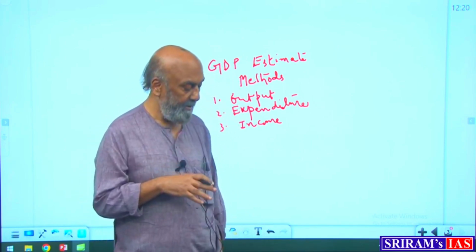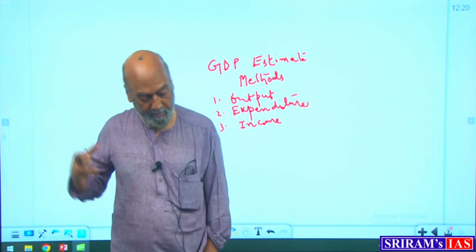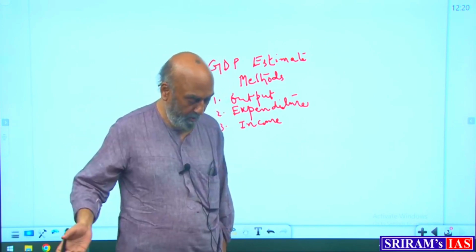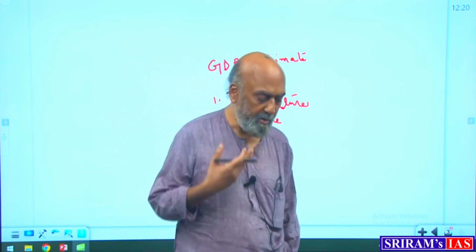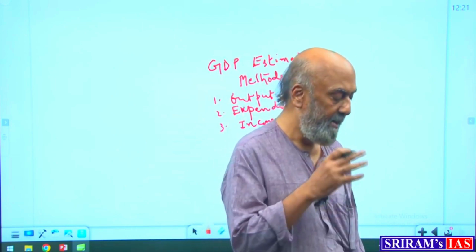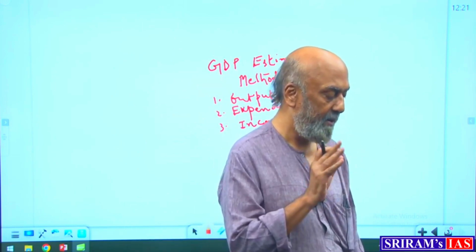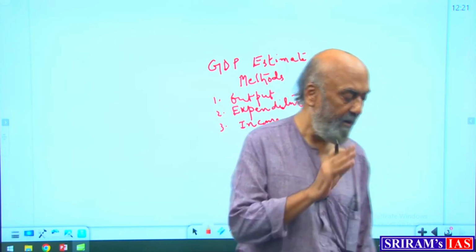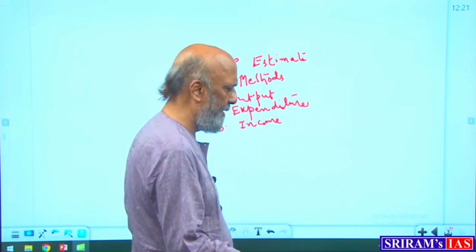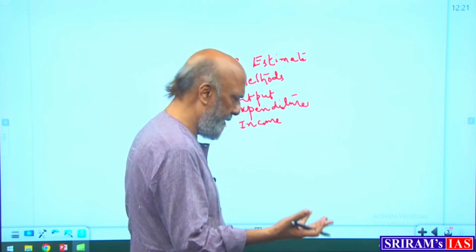You are not stopping there. You are counting roti also. So that inflates the GDP artificially, and that danger is there when you are counting the market prices for the product-based valuation of the GDP. So simple, but there is a danger.